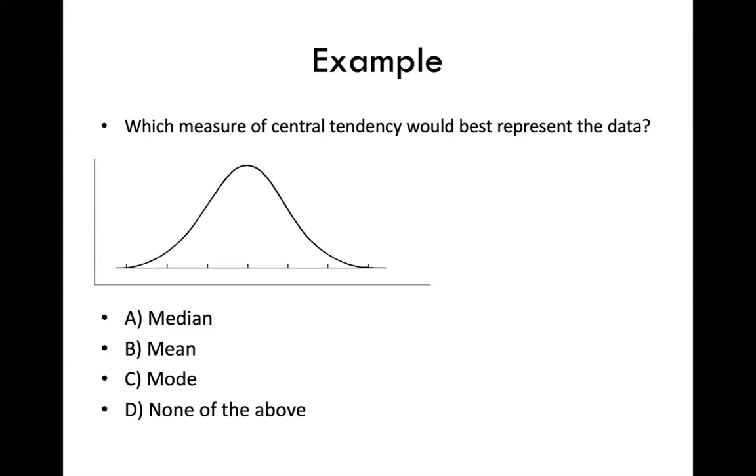Sorry, that's a little bit of a jump ahead, but this is another reason why you can't just use the median, or why you certainly can, but here we're asking what the best measure is, and the best measure here is the mean.